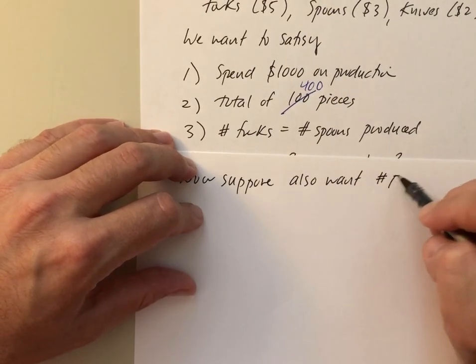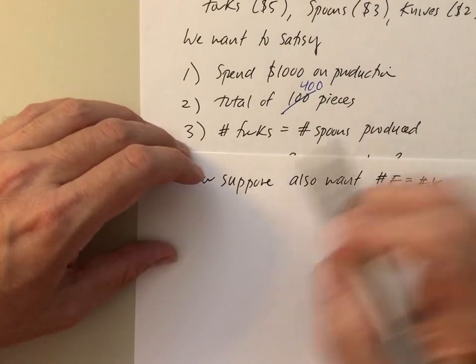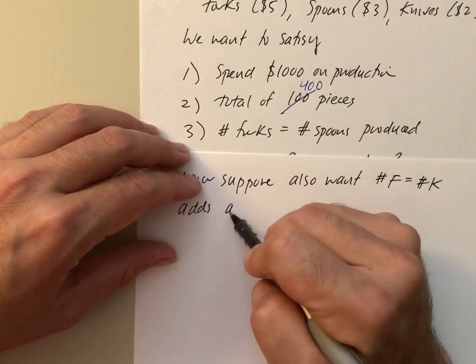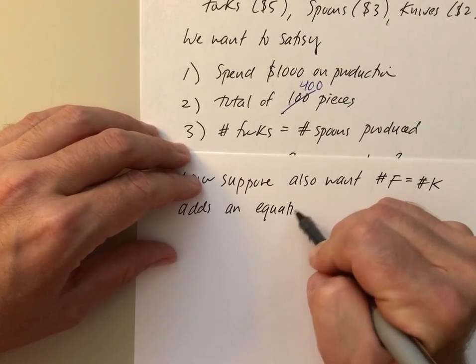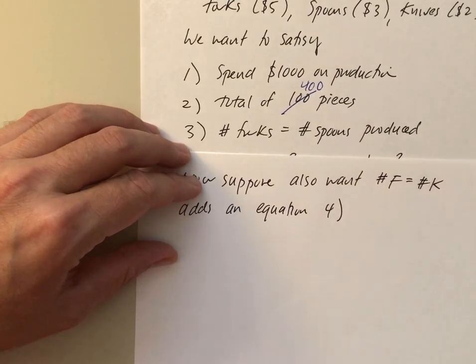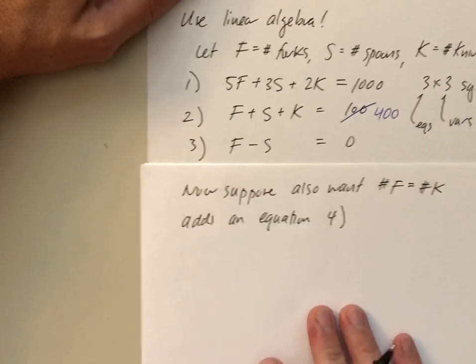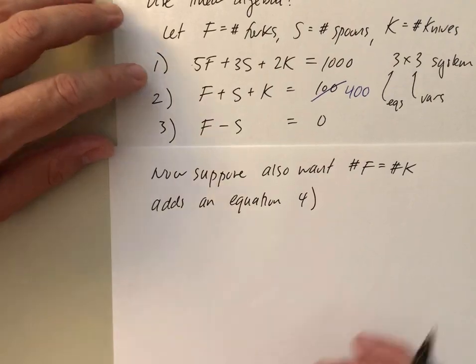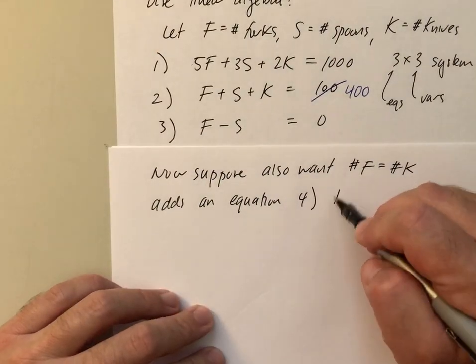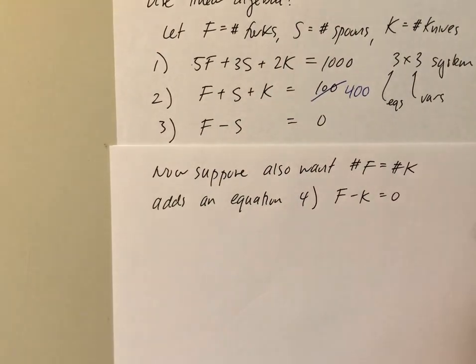We want the number of forks to be equal to the number of knives. So this adds a new equation. Maybe I'll call it 4. So if I go back to my system here, this is the equations that I'm working with. This is going to add a new one. We want f minus k equals 0.